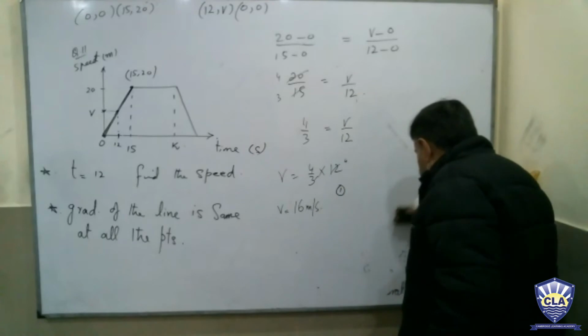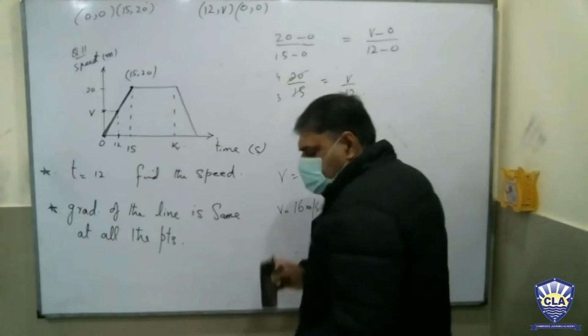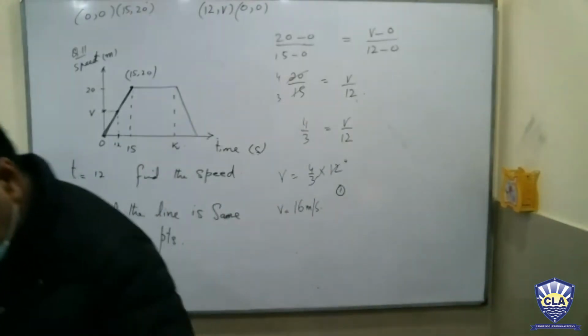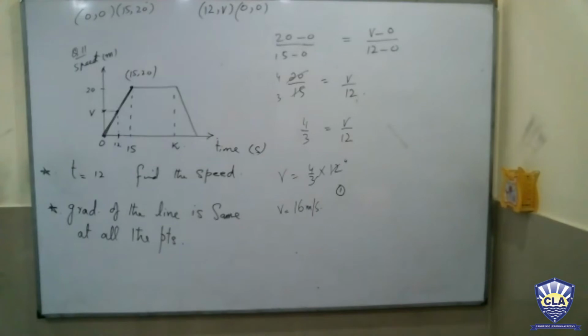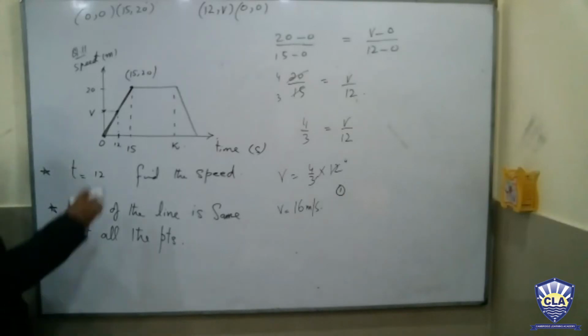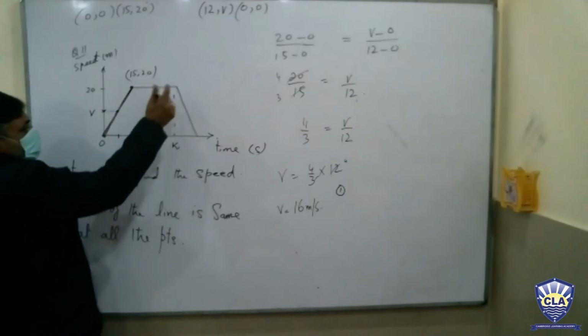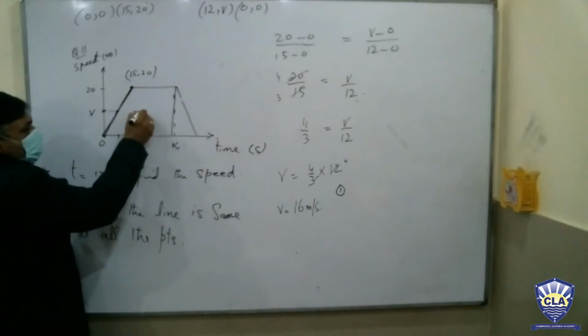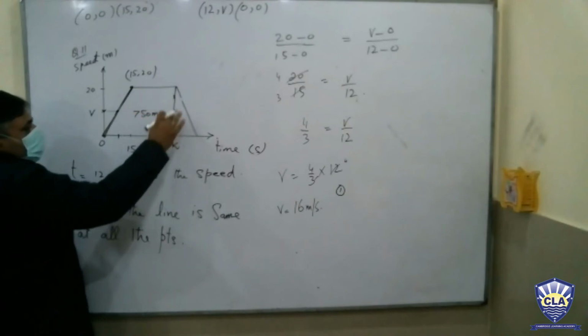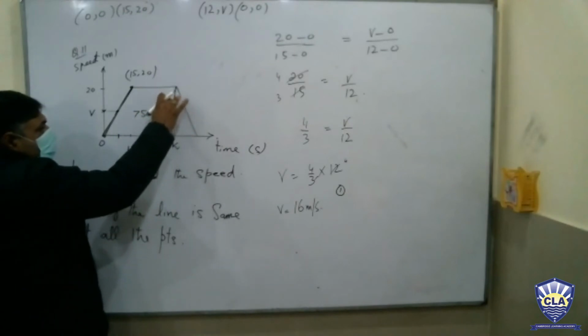So speed when time is 12 is equal to 16 meters per second. Next, the distance traveled by the car is 750 meters. It is given to you.